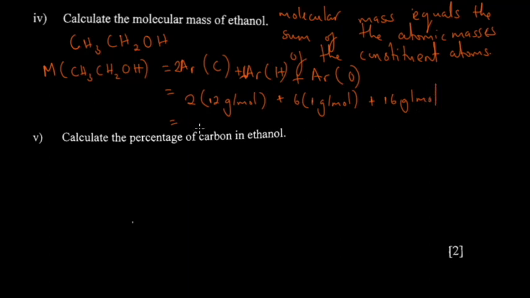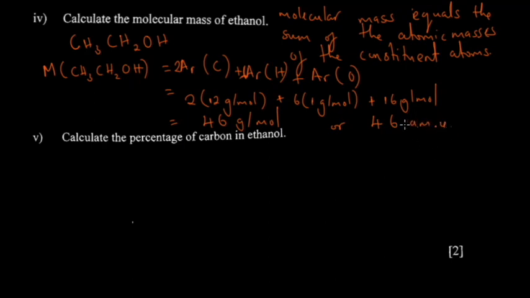So here we have 24 plus 16, which gives 40. 40 plus 6, we get 46. So 46 grams per mole, or some people write it as 46 AMU.